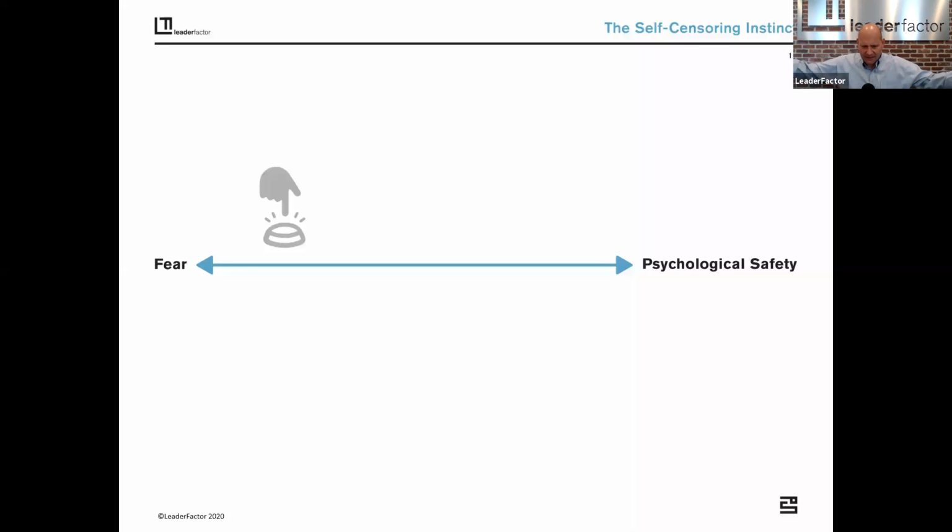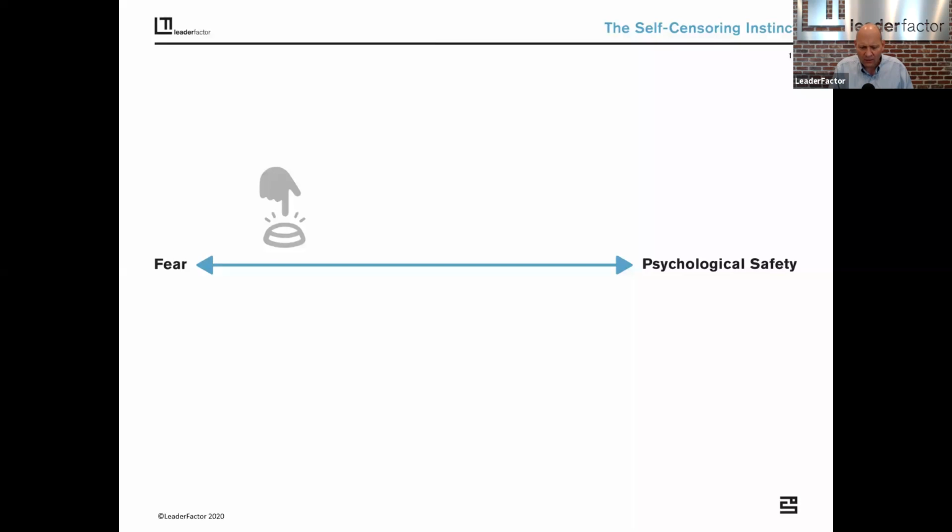So again, let's get a continuum that ranges from fear at one end to psychological safety at the other. And here's what happens. At some point, as we lose psychological safety and move into the realm of fear, it triggers what we call the self-censoring instinct, and all humans have one.